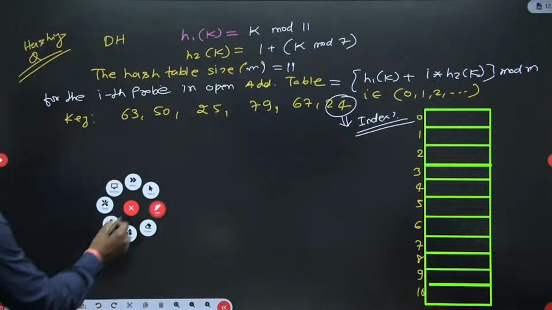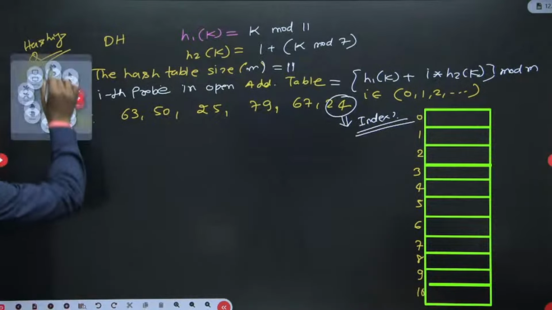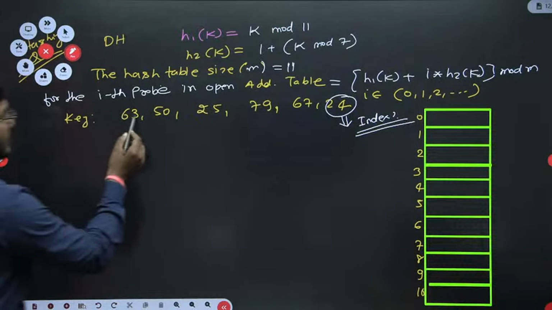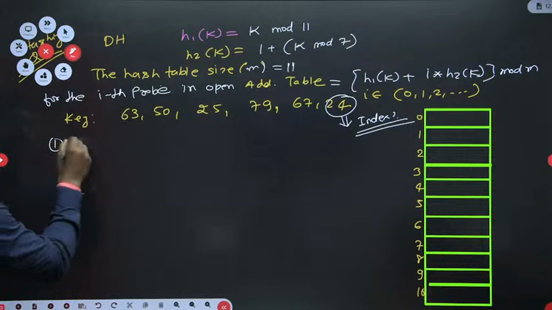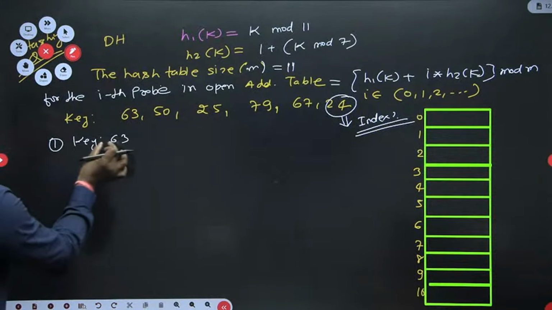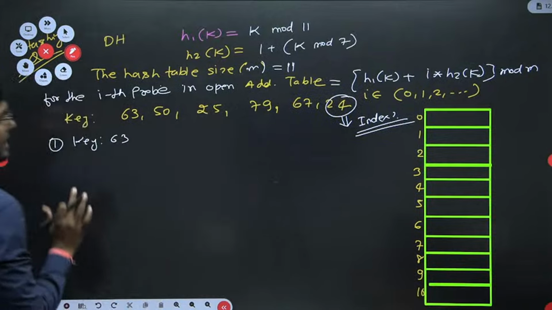Understood? Now let's start inserting the keys. Let's first insert 63. Simply pass this 63 into the hash function.